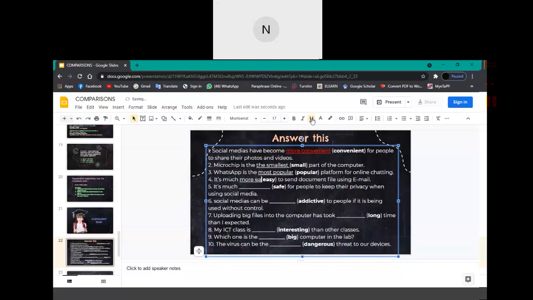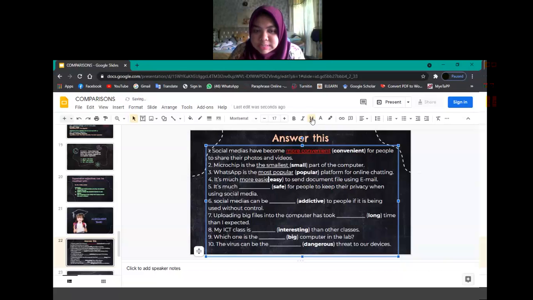It is much blank safe for people to keep their privacy when using social media. Can I have Nurul Natasha to answer the 5th question, please? You can answer the question in the chat box if you don't want to unmute your microphone.